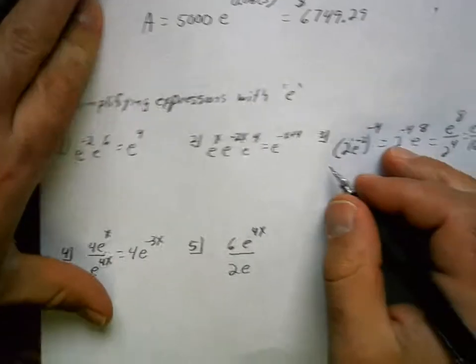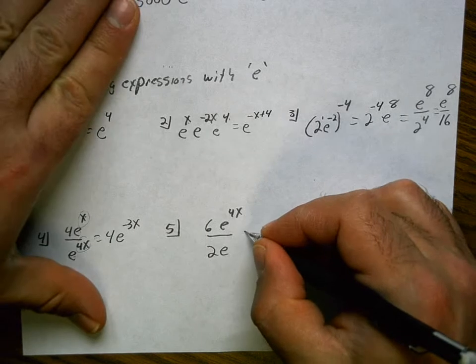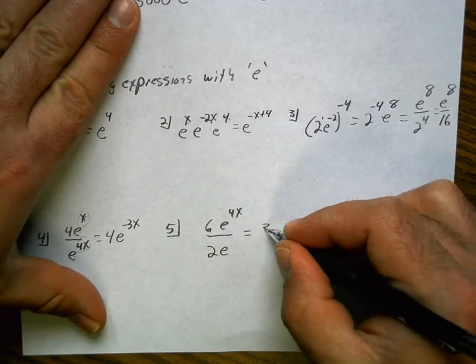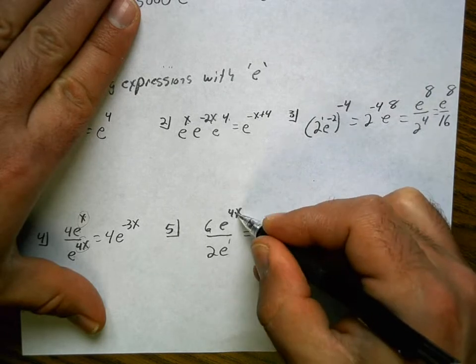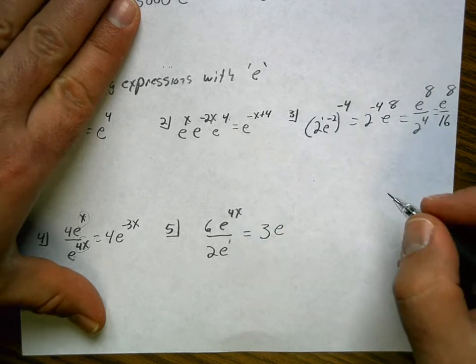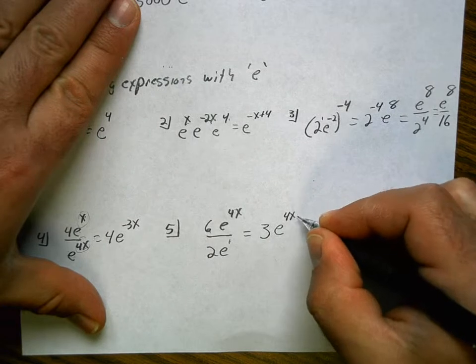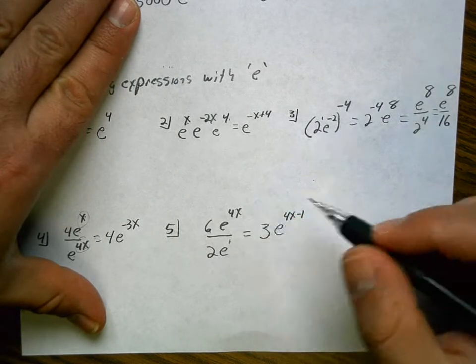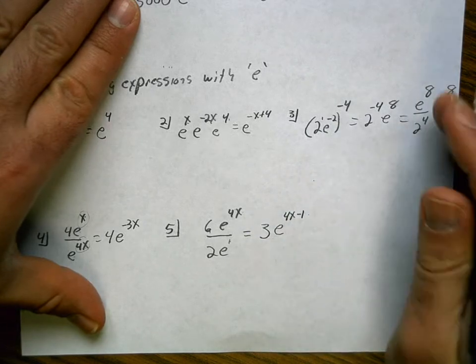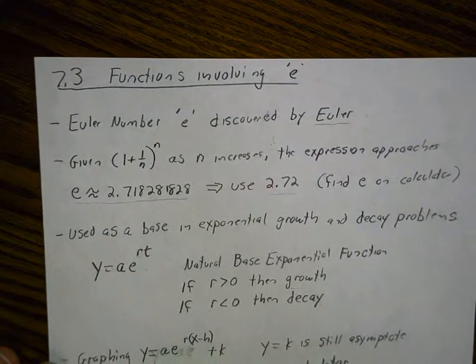And finally, the last one here. 6 divided by 2 is 3. This is going to be e to the what? This is e to the 1, so if I subtract these exponents, I get 4x minus 1. They're not like terms, so I have to just write it like that. Okay? All right. So that is it for section 7.3.